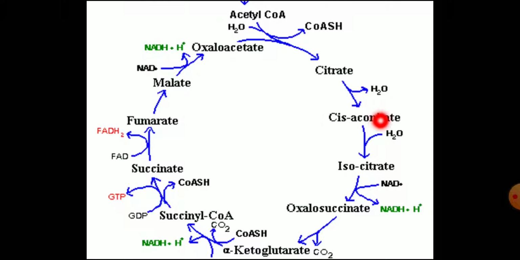So there are three steps where NADH plus H plus is produced: the isocitrate dehydrogenase step, the alpha ketoglutarate dehydrogenase step, and the malate to oxaloacetate step, the malate dehydrogenase step.